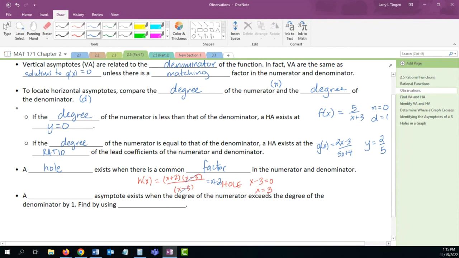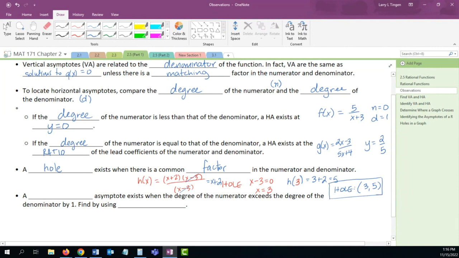So h of x equals x plus 2 times x minus 3, all divided by x minus 3, reduces to just x plus 2. Well, that's just a line, okay? But there's a hole. And the hole is just a single point. And what do I get? 3 plus 2, which is 5. So that hole has the coordinates 3, 5.